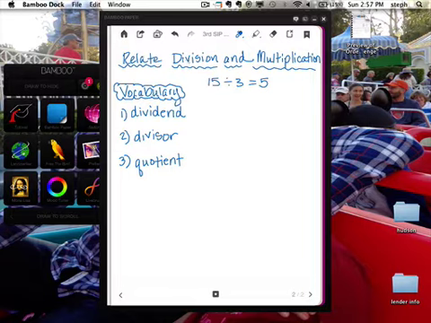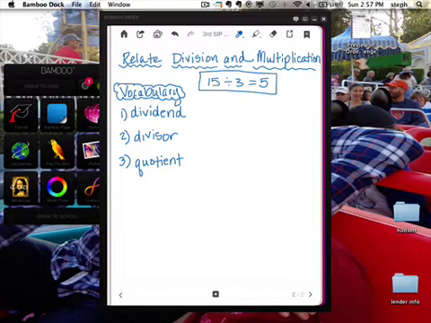And we've been talking about division, and we've also been talking about multiplication. So I wrote down a division problem, and you need to write this too. 15 divided by 3 equals 5. So let's look at our new vocabulary that relates to this problem.